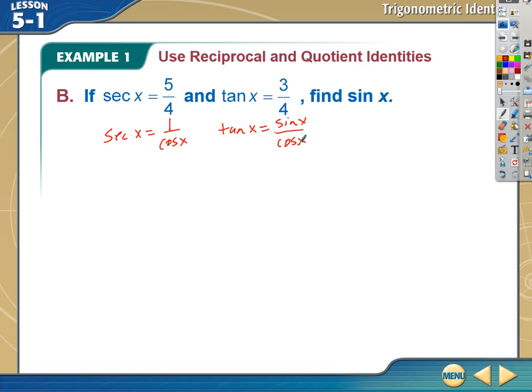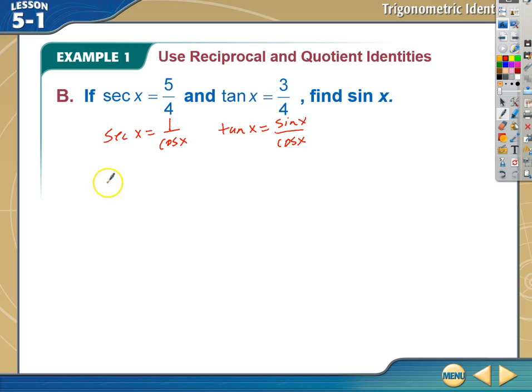How is this helping? I begin to see a puzzle here brewing. Well, let's see here. Secant of x, I do know something about. Secant of x, I know it's 1 over cosine. So I can actually reverse that, right?